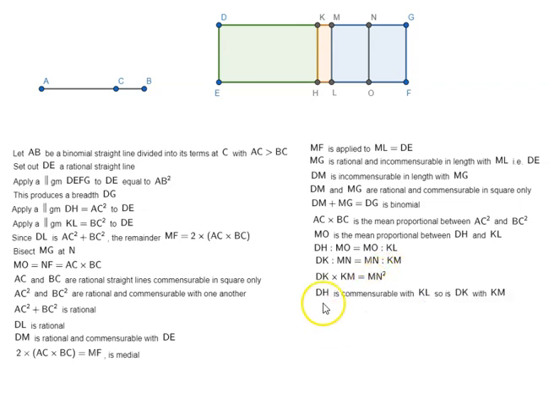That means DH is commensurable with KL. So which means DK is again commensurable with KM. This is again based on one of our previous propositions. Now, based on the lemma we just saw, AC square plus BC square is greater than 2 times AC by BC.